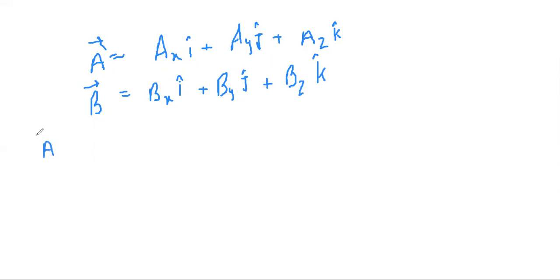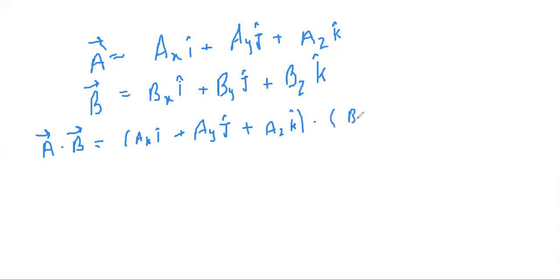Now, if I do the dot product of these two vectors and I don't have the angle, I will just substitute the values. I will get (AX I cap plus AY J cap plus AZ K cap) dot product (BX I cap plus BY J cap plus BZ K cap).